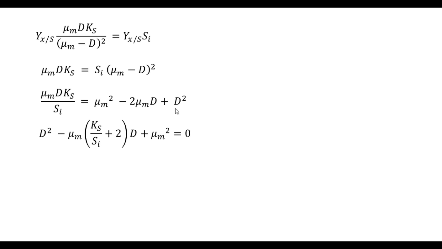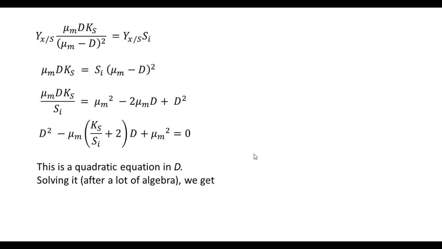Therefore, D squared, I'm just bringing this term to this side, D squared minus 2 mu m minus Ks, we will go out here, Ks by Si, which is here, you have a minus here, so that takes care of it, plus mu m squared equals 0. And if you solve this algebraic quadratic equation, it will involve a lot of algebra.